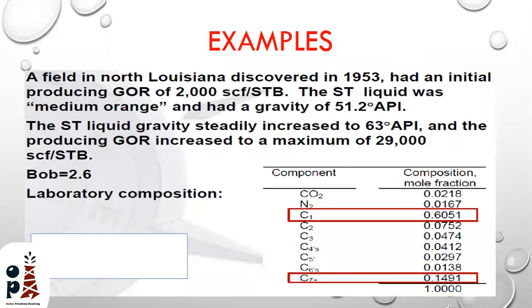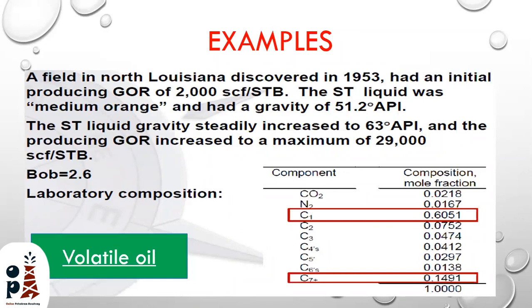The second example is a field that has a GOR of 2000, so it is an oil reservoir. The GOR of about 2000 is very high for black oil, so I suggest it is volatile oil. Also, the EBI was increasing from 51 to 63, so it is a significant property for volatility. So we have a volatile oil reservoir.